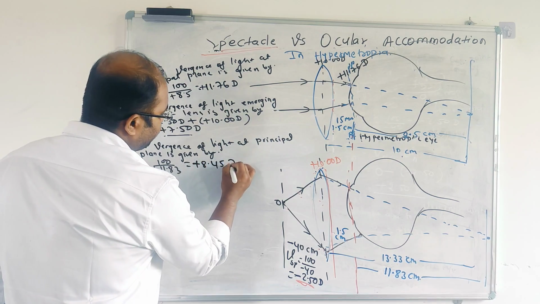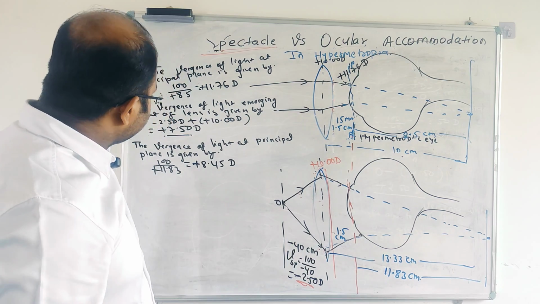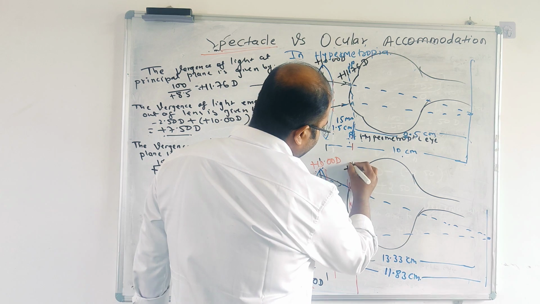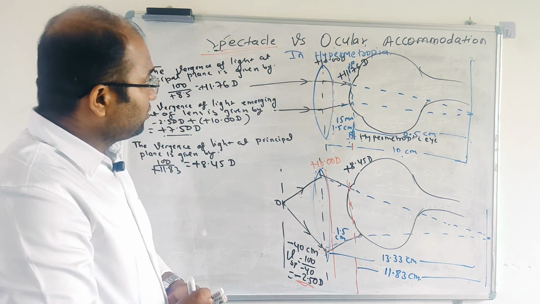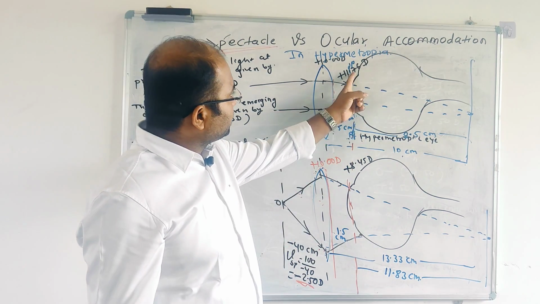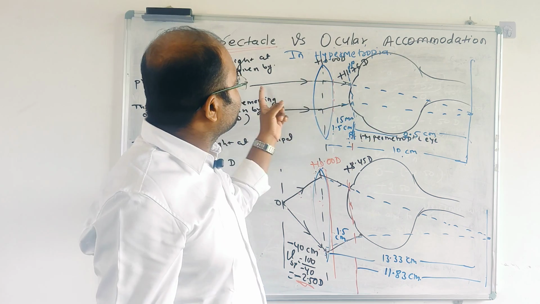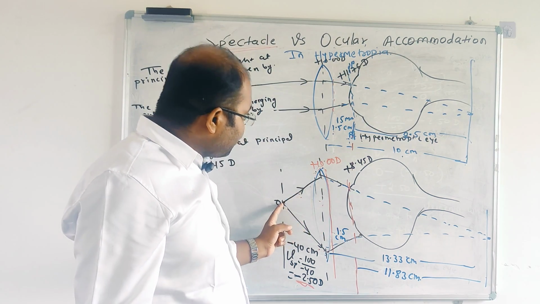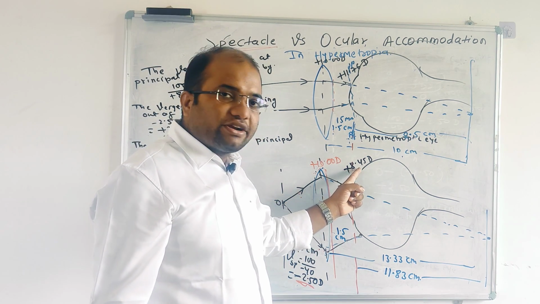Plus 8.45 diopter. Are you getting this? Now here the vergence at this plane is plus 8.45 diopter. See here, the vergence of light at the principal plane when the eye is focused for distance is plus 11.76, but when the eye is focused for near, the vergence decreased to 8.45 diopter.